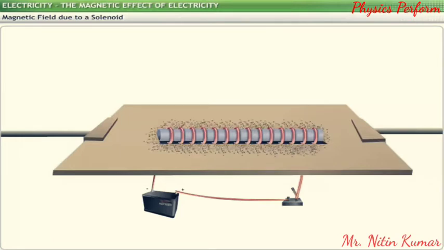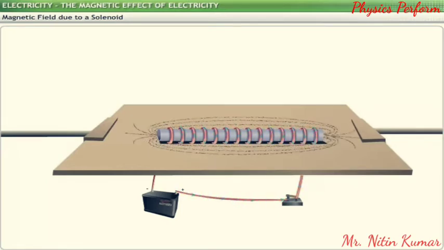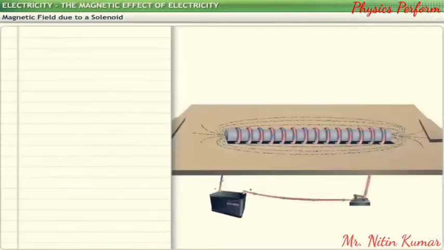Finally, we sprinkle iron filings on the cardboard and close the key to complete the circuit. When current passes through the solenoid, the iron filings arrange themselves in a pattern that represents the magnetic field lines due to the solenoid. These lines can be traced using compass needles.